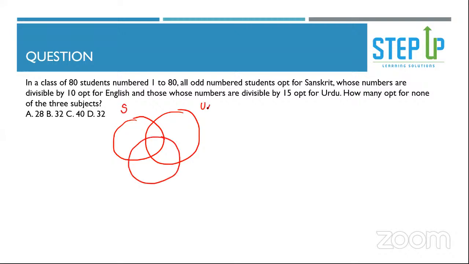This is for Sanskrit, this is for Urdu, and this is for English. All right, 40. So 1 to 80, all odd numbers, 40 odd numbers will be there. So 40 people are for Sanskrit. Those whose number is divisible by 10 opt for English. So from 1 to 80, there will be 8 numbers which are divisible by 10, right? And those whose number is divisible by 15 opt for Urdu.